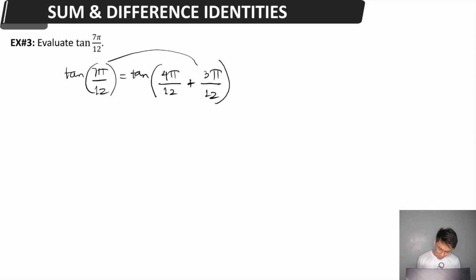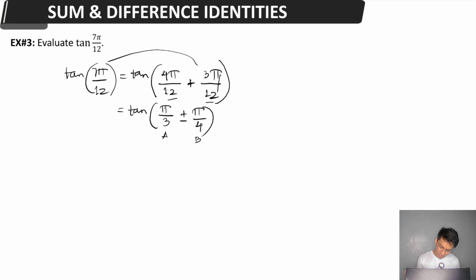And pwede pa natin siyang i-simplify into lowest terms. Tangent, this is pi over 3 na lang. And ito naman, this is pi over 4 naman. So, ito ang ating A, ito ang ating B, and since ang kanyang operation is plus, we can apply that sum identity of tangent function.